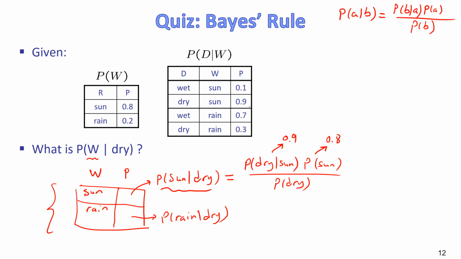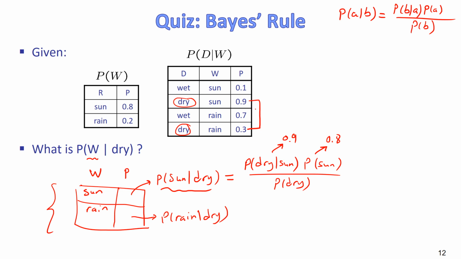Can we just add these two values, because we have dry here and we have dry here? We cannot, because it will go over one.